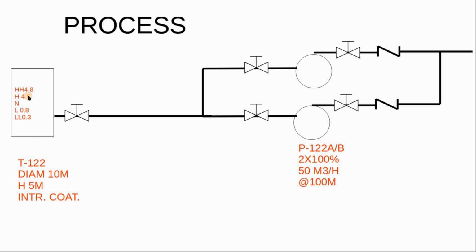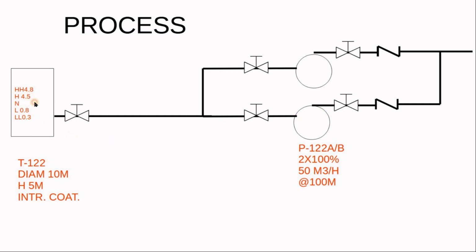If he could not manage the process and the level reaches 4.8, we have to stop the process. We have to stop the feed because that will be overflow. When the level goes below 0.8 and then reaches 0.3, we have to stop the pumps. We have to trip the pumps, otherwise they will cavitate.